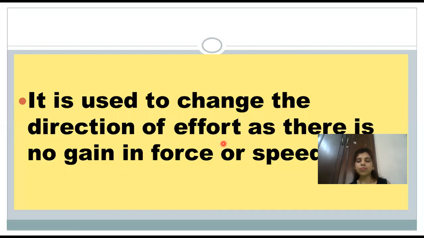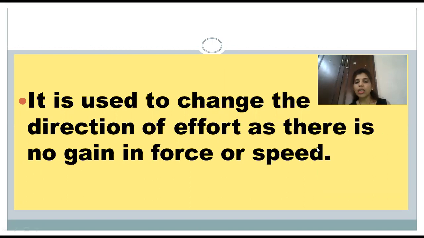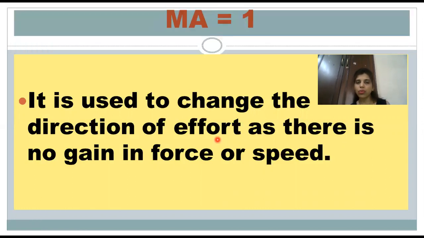Then next is, suppose the machine is used to change the direction of effort, so what is it going to do? As you have seen in case of a pulley, which is fixed on the well, there it is changing the direction of the effort. First, the effort was in the upward direction, but because of the pulley, the direction of the effort changed. So now in that case, load and effort are equal.